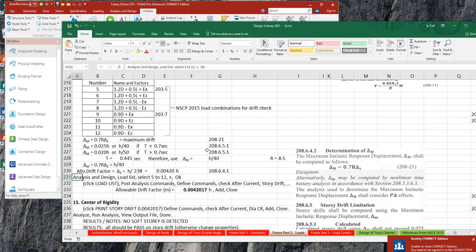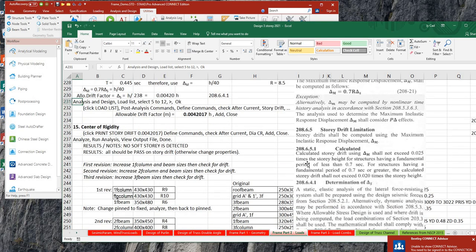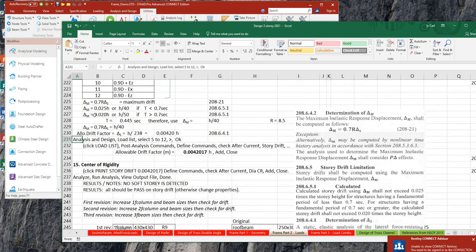This is found in 208.6.5.1. Calculated story drift using delta M shall not exceed 0.025 times the story height for structures having a fundamental period of less than 0.7 seconds. If greater than 0.7, the story drift shall not exceed 0.02 times the story height, or H over 50.